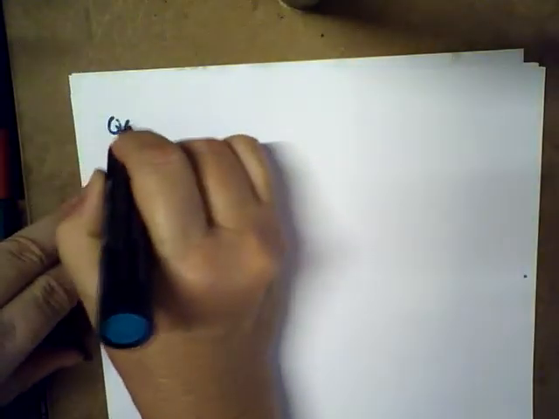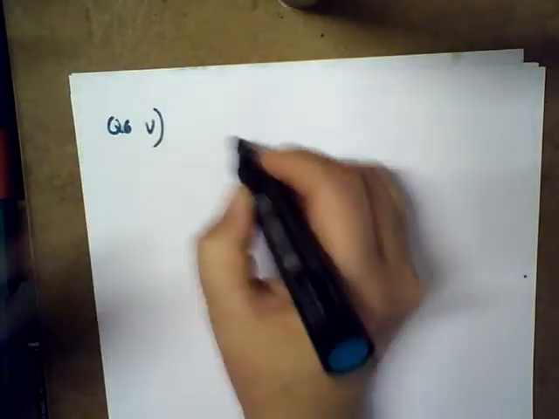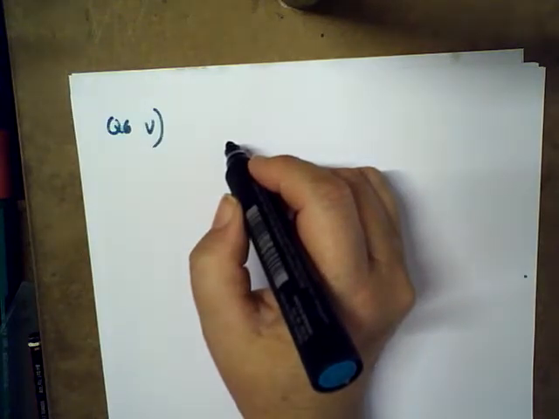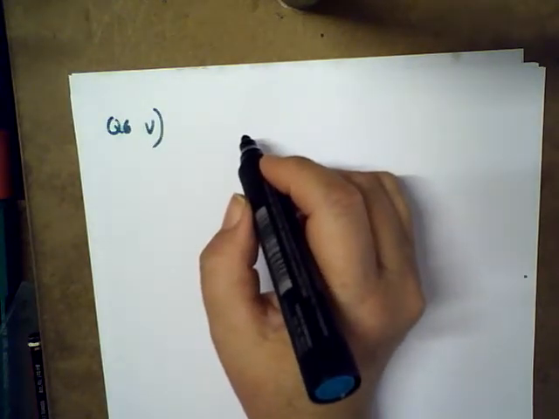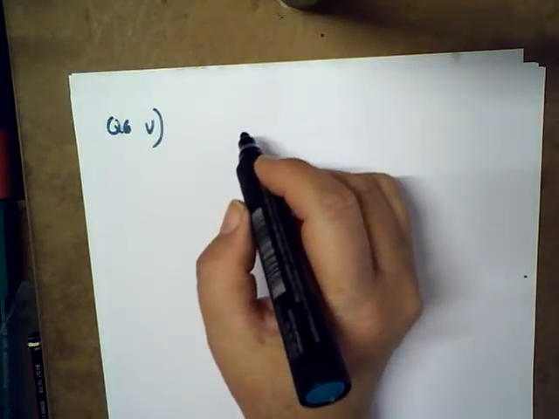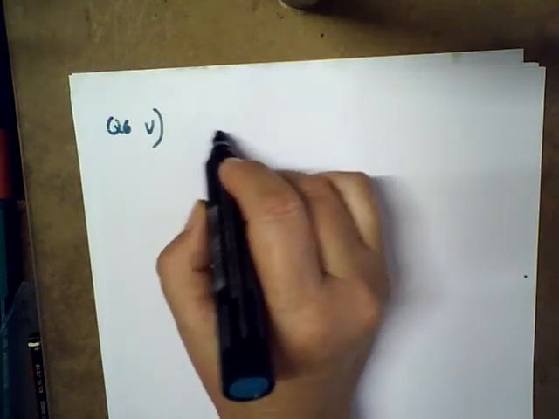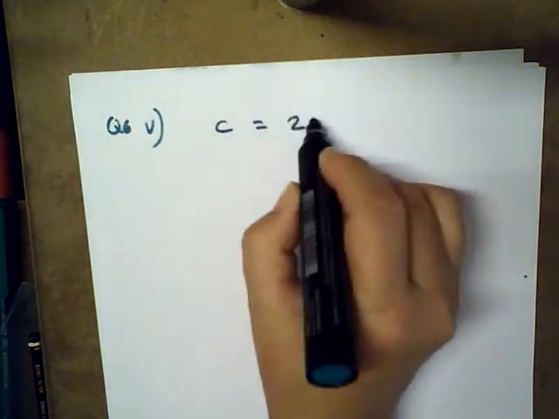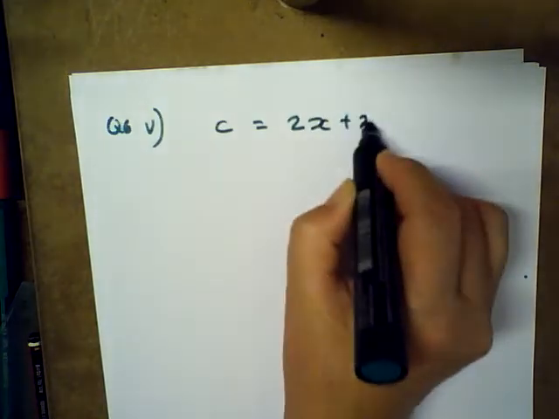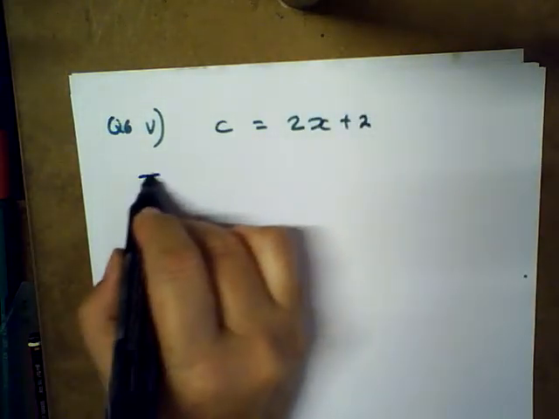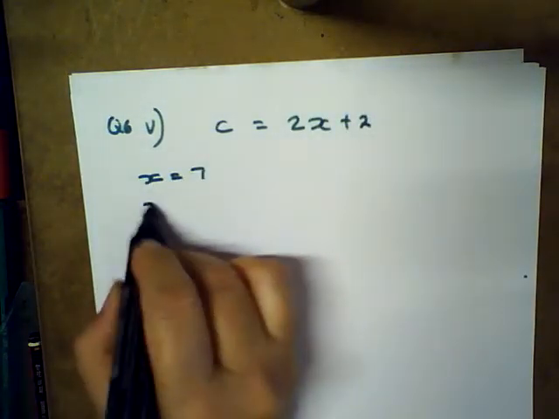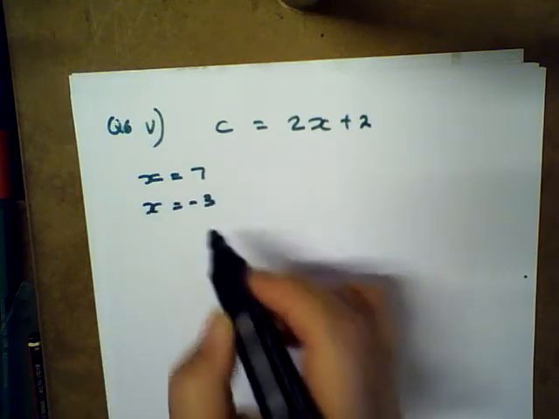Next, number 5. That asks us, how old was Claude on 1st January 2002? So Claude in 2002 was 2x plus 2. We have two values, x equals 7 or x equals negative 3.